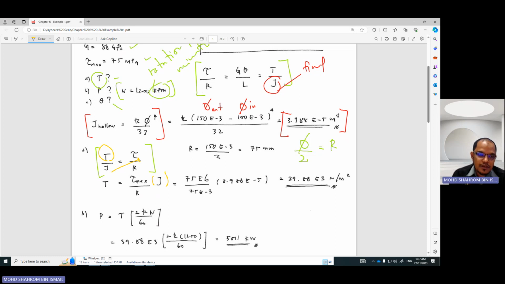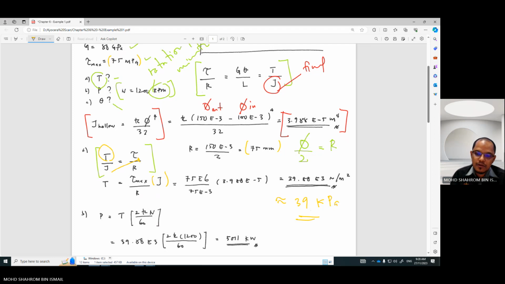Okay. As we know, tau max is 75 megapascal. Divided by R is 75 millimeter. And then multiply by J, which is 3.988 power of -5. All around, we managed to get the torsion or the torque is about equivalent to be 39 kilo pascal.